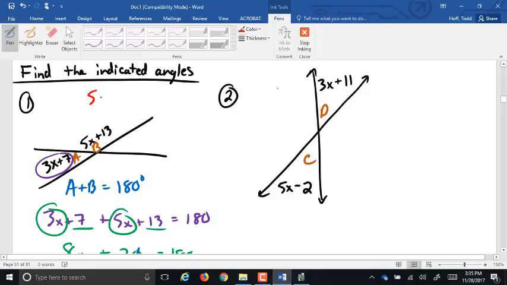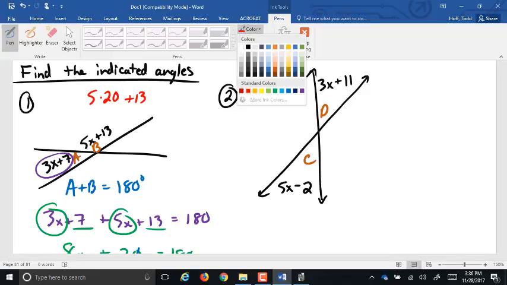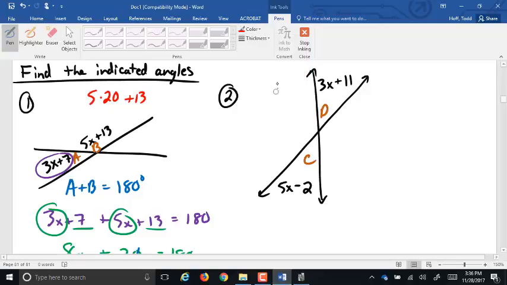So 5x plus 13 will become 5 times 20 plus 13. 5 times 20 is 100. Plus 13 is 113. So this angle B is 113 degrees.